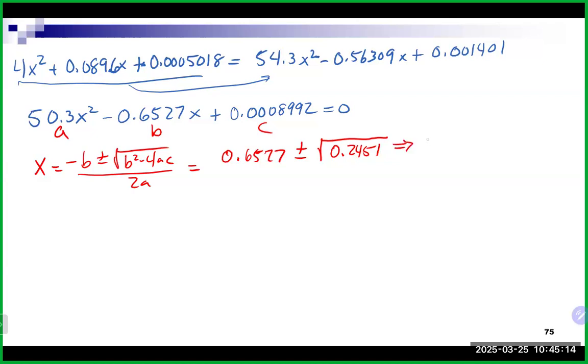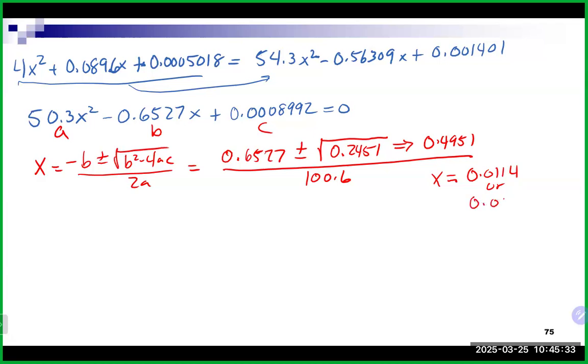And then if you square root it, 0.4951 divided by 100.6. Going to give us our two x values here. If you go plus first, you get an x value of 0.0114. If you go the minus, you get an x value of 0.00157 in this case. In this case, we actually got two positive numbers.